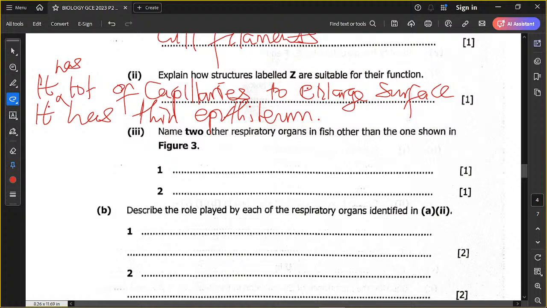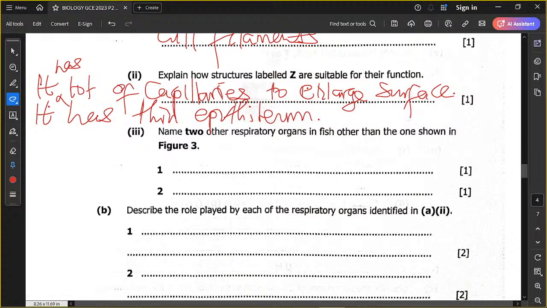So from those 2, you can pick 1 and write it as an answer. It has a lot of capillaries which carry oxygen to the other parts of the body. The oxygen that enters through the epithelium will find a lot of capillaries, making it easier to go into the blood, and then the blood carries oxygen to other parts of the body. That's the first one, and it has a thin epithelium. That means the thinness of the epithelium allows the oxygen to enter easily because it will just travel a short distance.